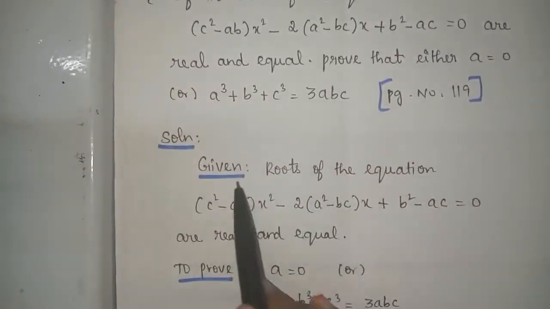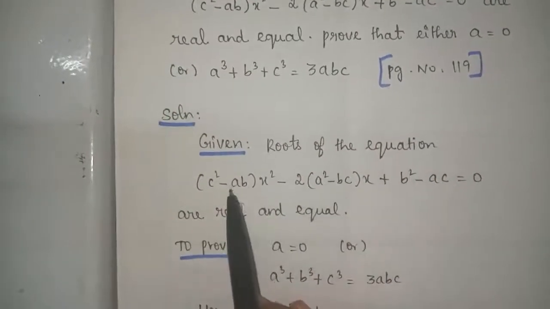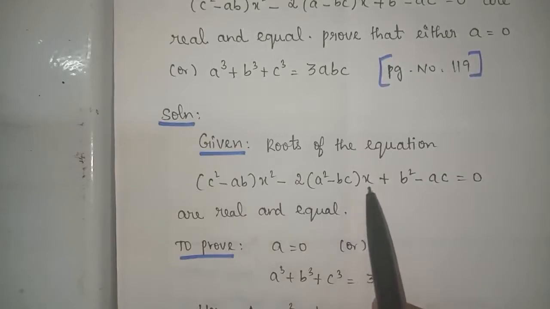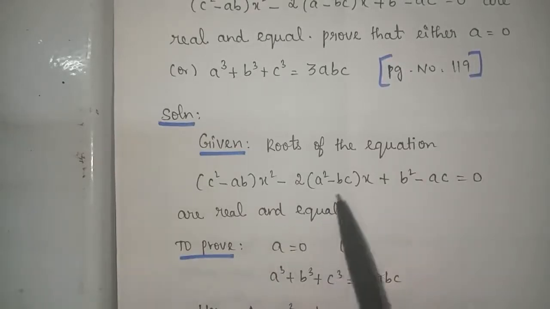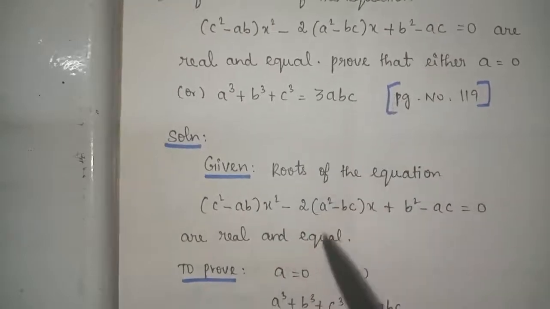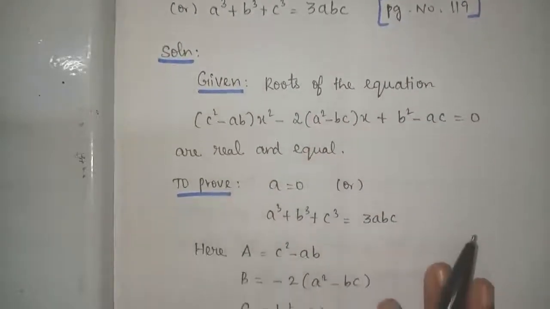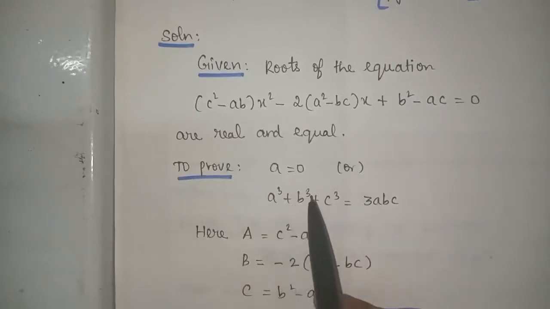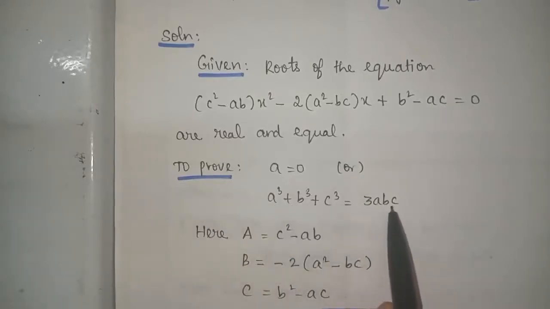So solution: given, the roots of the equation are real and equal. You just write the question as it is, what is given in the question. To prove: a is equal to 0 or a cube plus b cube plus c cube is equal to 3abc.